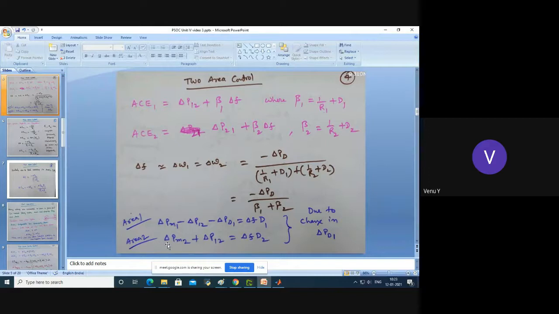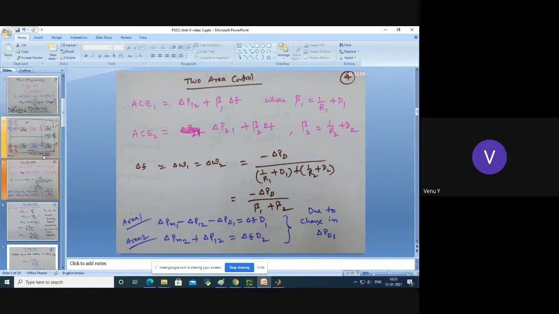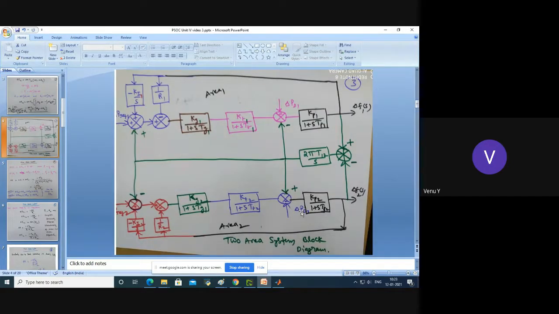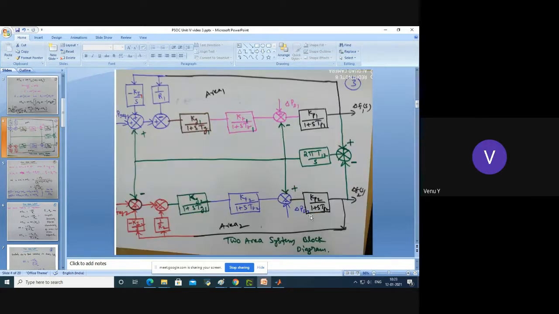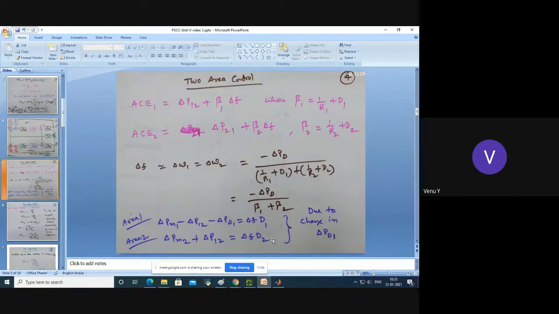Similarly, in area 2, delta PM2 is the prime mover input plus delta P12, so here a positive sign for delta P12, is equal to the change in frequency into D2, where delta PD2 is the same, there is no change.